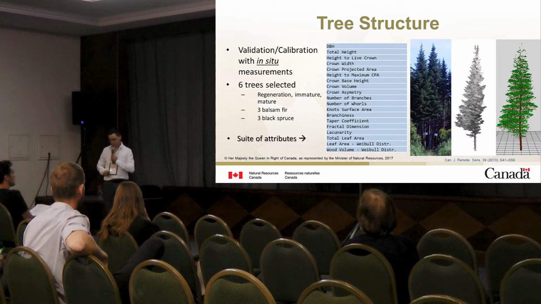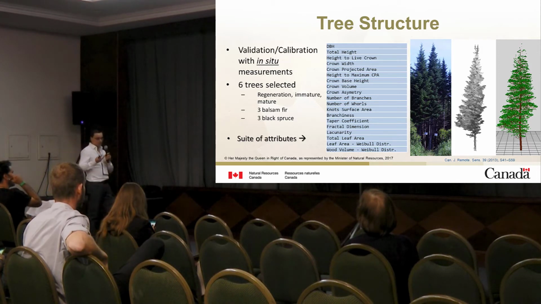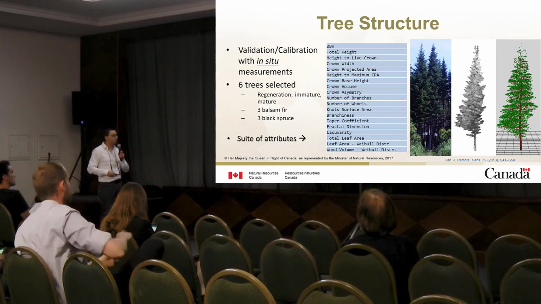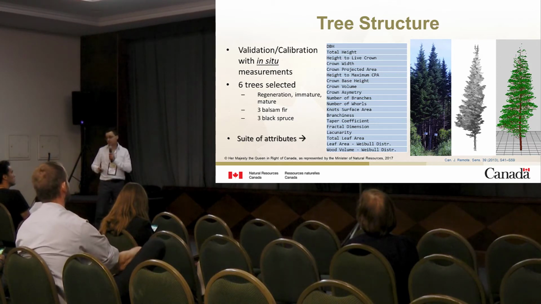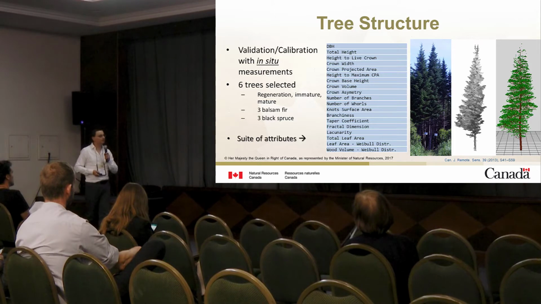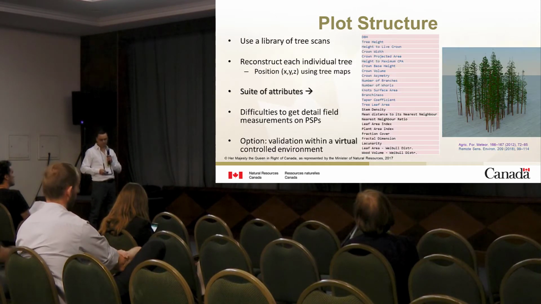First, we validated L-Architect on individual tree structure with balsam fir and black spruce structure measurements, so we were able to calibrate the different variables in there, and extract different attributes linked to stem profile, crown geometry, distribution of materials, all those kinds of things.